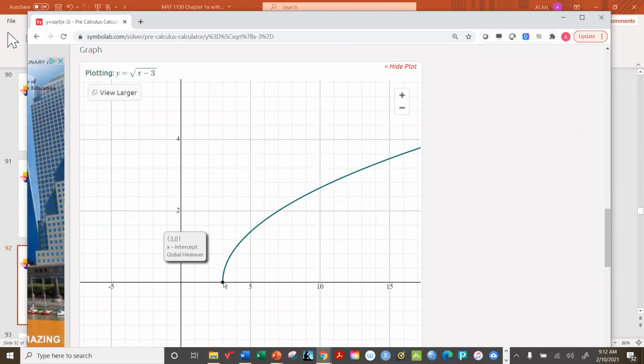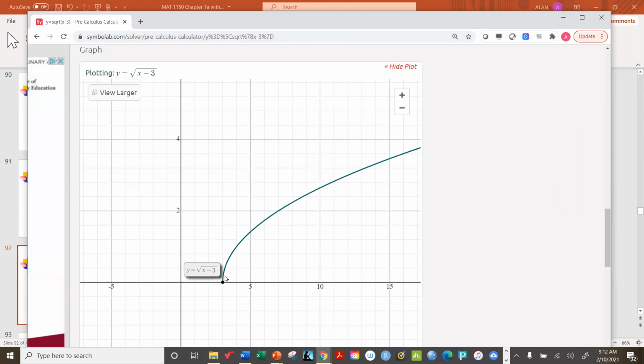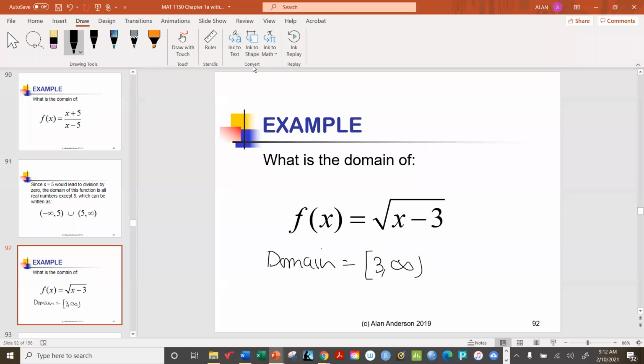It's as if we shifted it over to the right by 3. How do you like that? But yes, and you can plainly see that x is never going to be less than 3. And in addition to that, y will never be negative. Okay, so x can be 3, but not less than 3, as we saw. And in addition, the range is restricted to everything from 0 up to positive infinity.